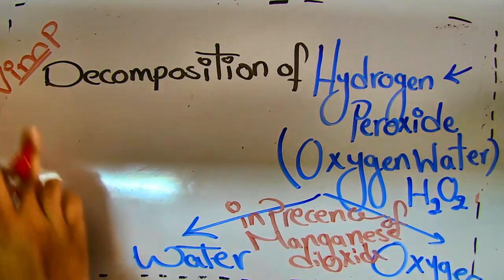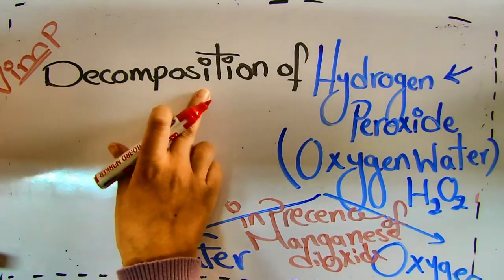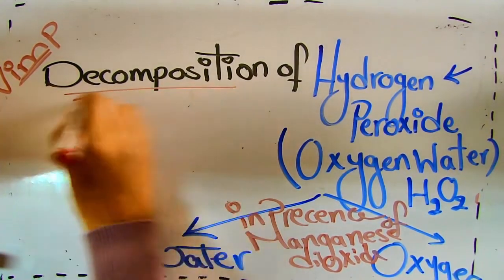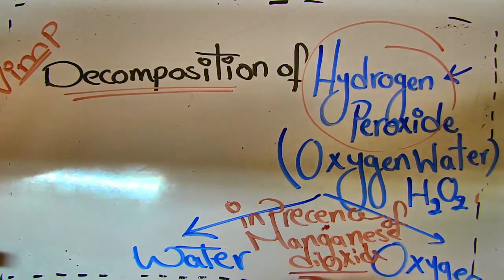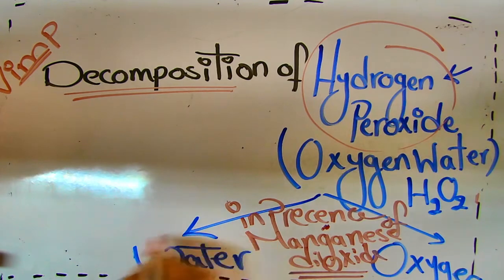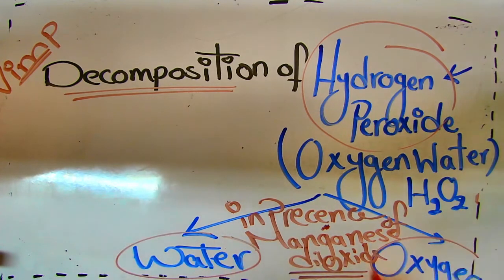So we can prepare oxygen gas by decomposition of hydrogen peroxide in the presence of manganese dioxide. It will decompose into water and oxygen.